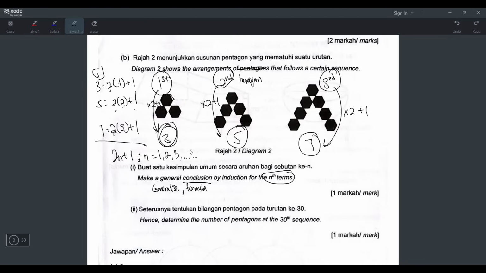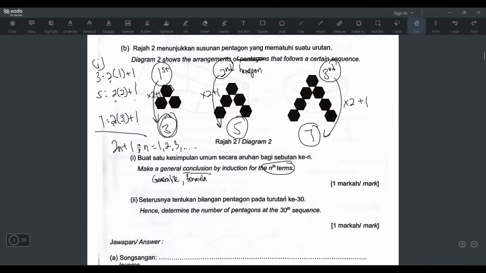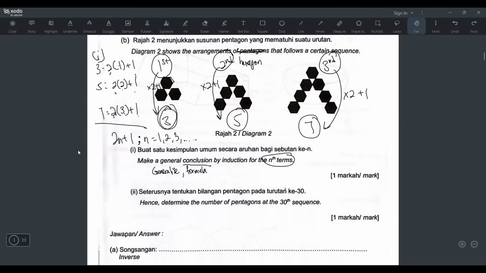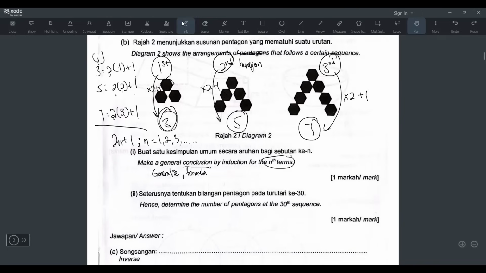When n equals 1, 2, 3, the numbers cannot skip. It definitely cannot be 3, 5, 7. If it could be 3, 5, 7, then you could just write a single n and then 3, 5, 7. That doesn't make any sense, right? The n has to always be 1, 2, 3 or 0, 1, 2, 3. For this case, it will be 1, 2, 3. So make sure you know that.